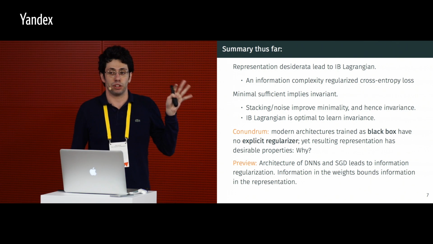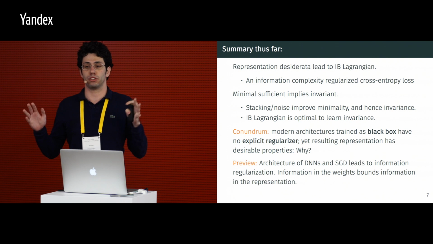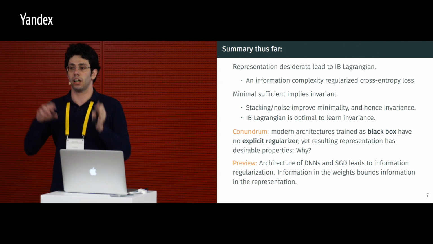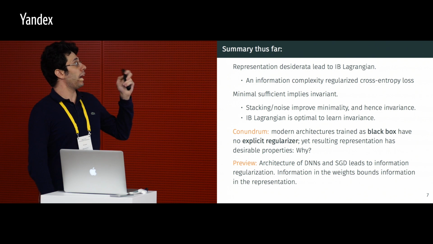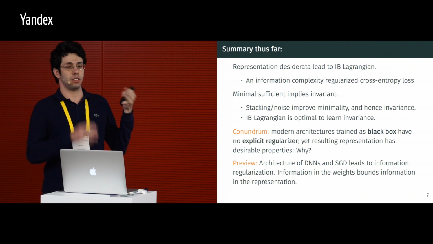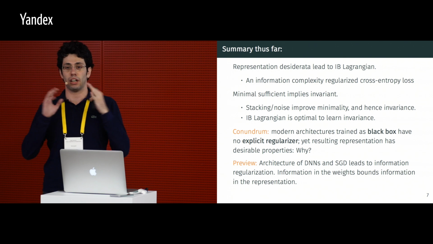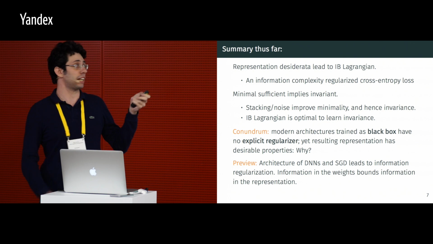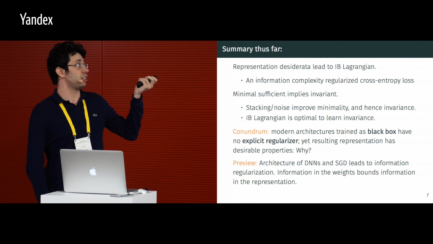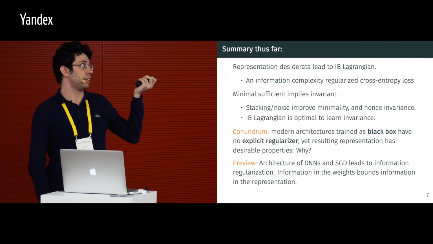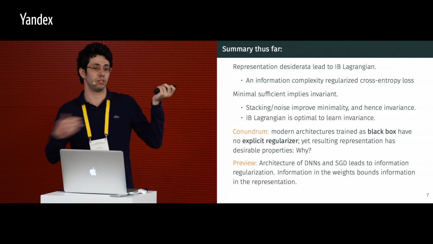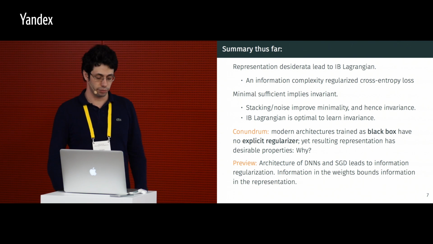And this information Bottleneck Lagrangian is the common cross-entropy loss function, to which we are adding a new regularizer, which is not commonly used in practice. And we also proved that these few definitions already have strong implications, and precisely that the minimality of the representation is equivalent to the invariance. And this allows us to prove that stacking more layers always improves the invariance of the representation.